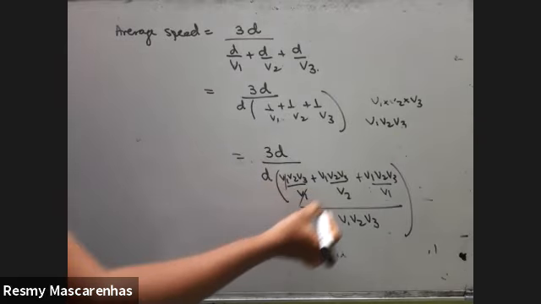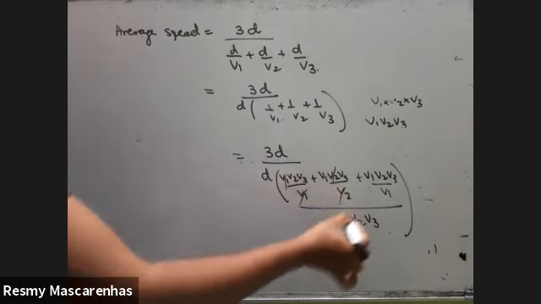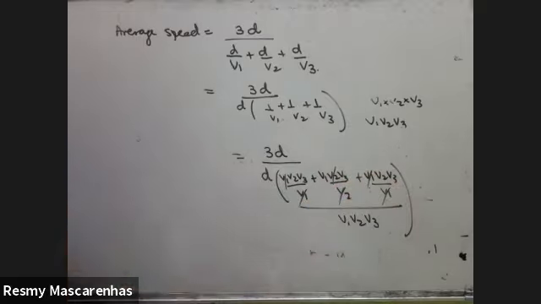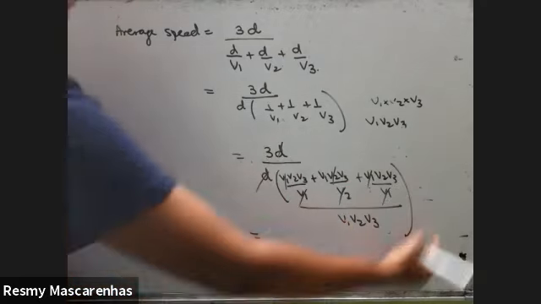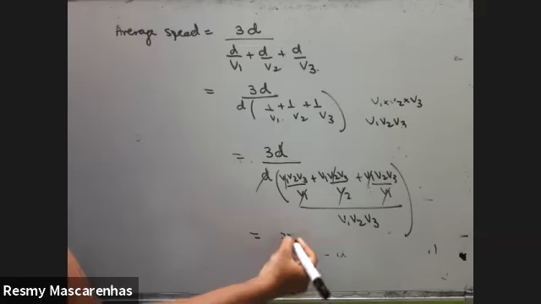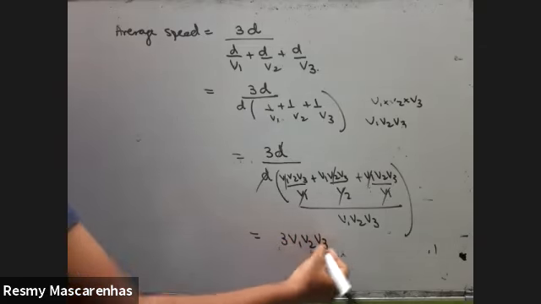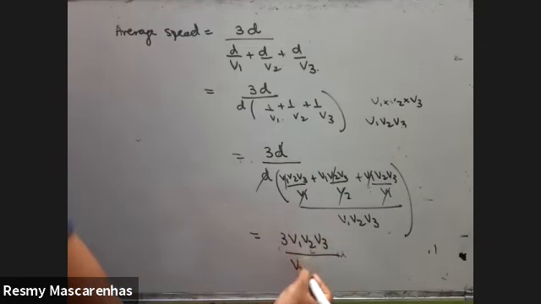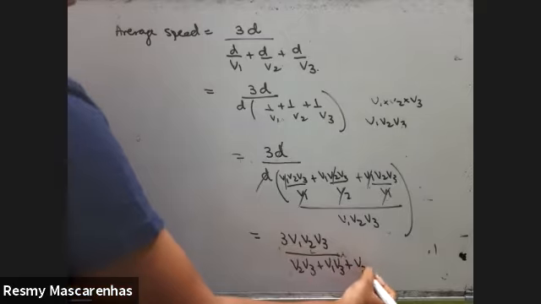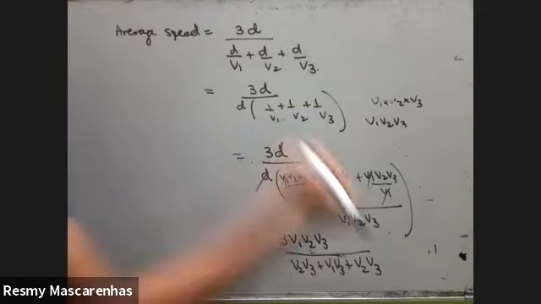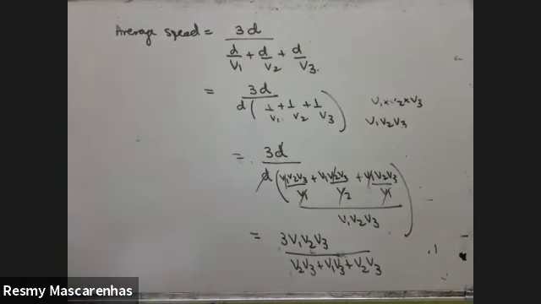This will cancel, this will cancel, D also will cancel, and this fellow will become ulta and go up. This will be our answer: 3 times V1 V2 V3 upon this.